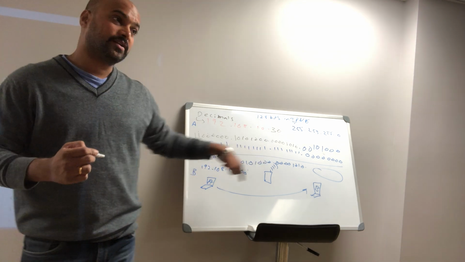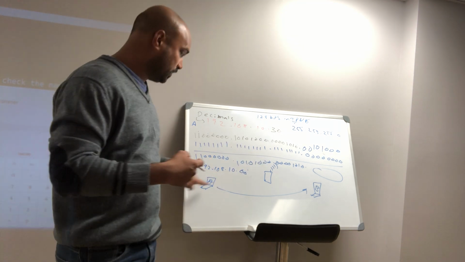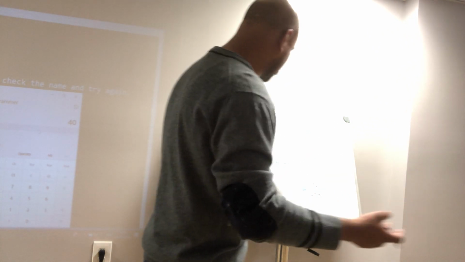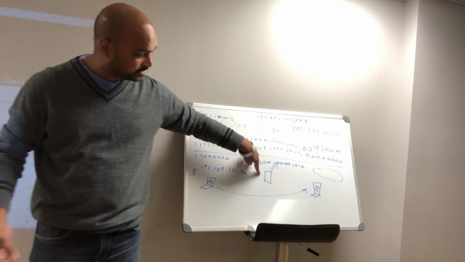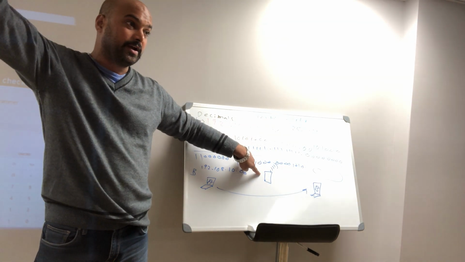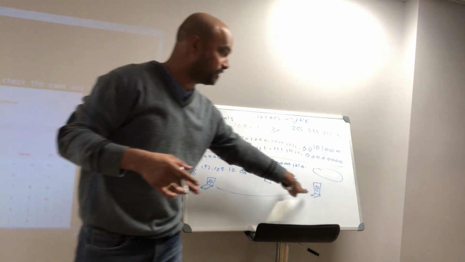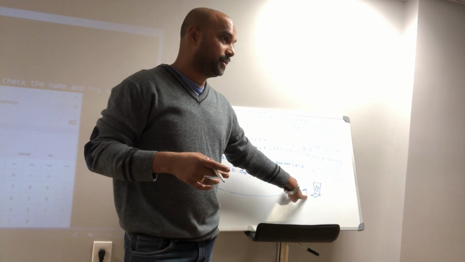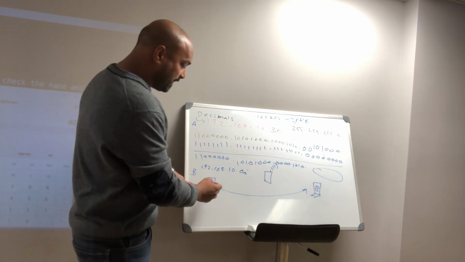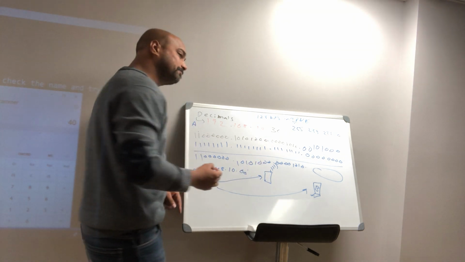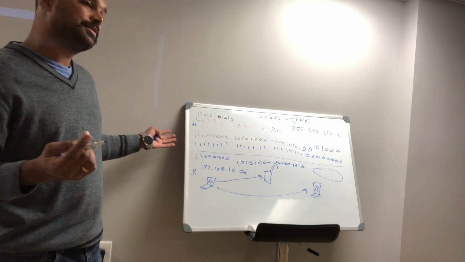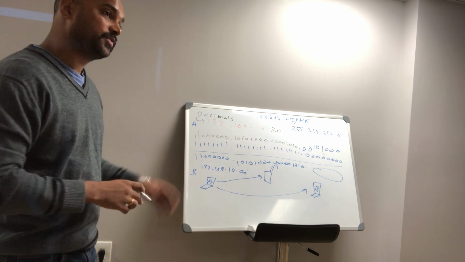They can talk to each other directly because you and I are in the same room. I do not have to go out of this room into a different door and then find you because you're right here in the same room. Get it? But if this guy has to talk to Google.com, Google.com's subnet will be something else. He will have a different network, different range.